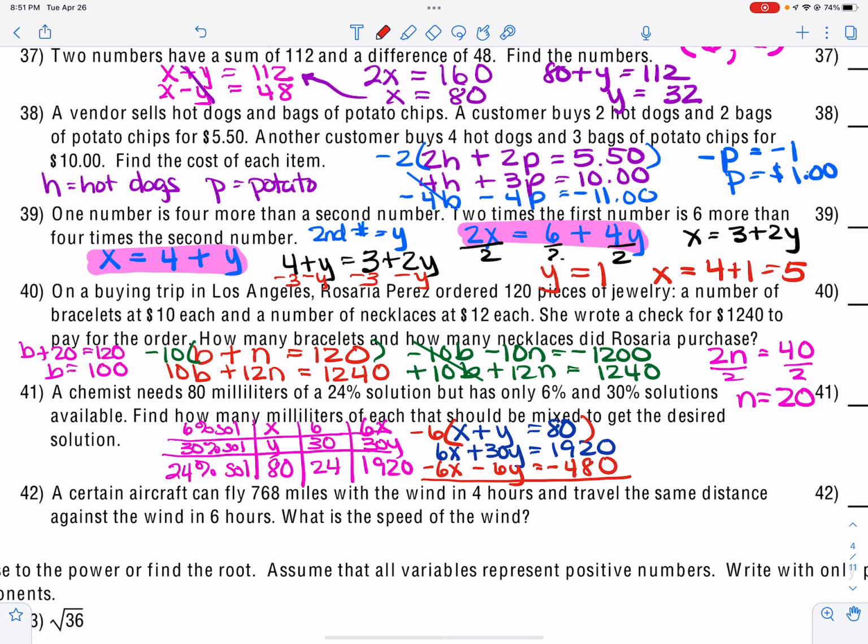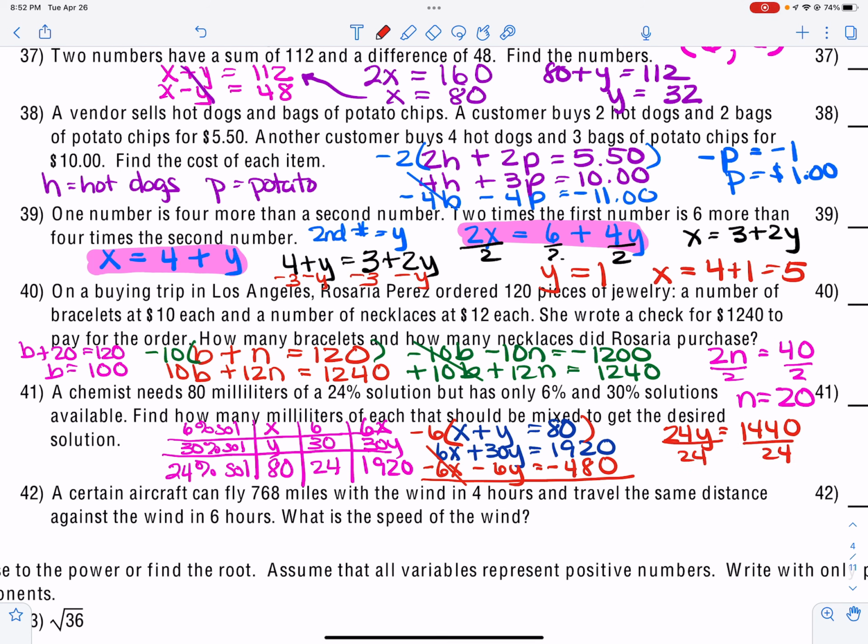And then I'm going to eliminate the x's. 30y minus 6y is 24y. And 1920 minus 480 is 1440. Divide through by 24.